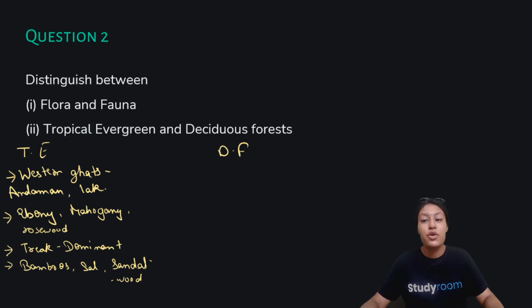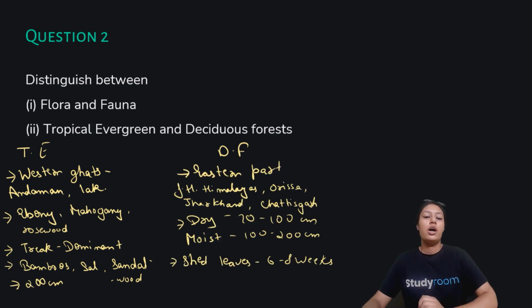Next, about deciduous forest. Deciduous forests are totally in contrast to tropical evergreen forests. They are found in the eastern parts, mostly the foothills of Himalayas, West Orissa, Jharkhand, and Chhattisgarh. According to the precipitation, we divide deciduous forest into 2 parts, dry deciduous and moist deciduous. Dry deciduous receives rainfall of 70 to 100 centimeters, and moist receives rainfall of 100 to 200 centimeters.